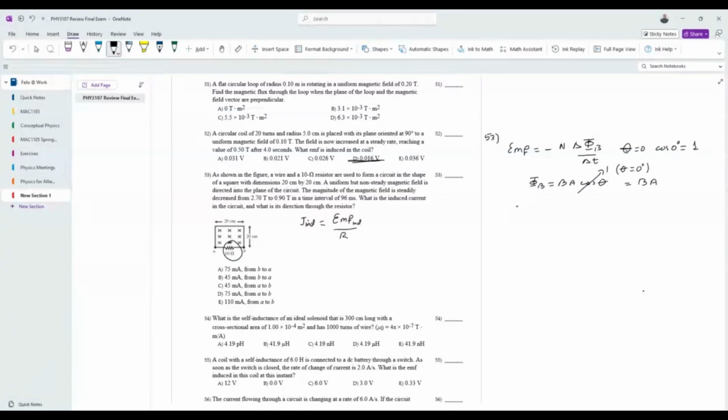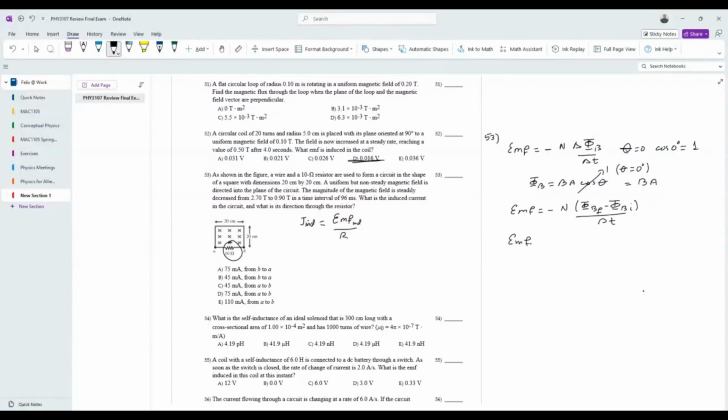Now, we know that B is changing, so the electromotive force is equal to negative the number of turns times phi B final minus phi B initial over delta t.